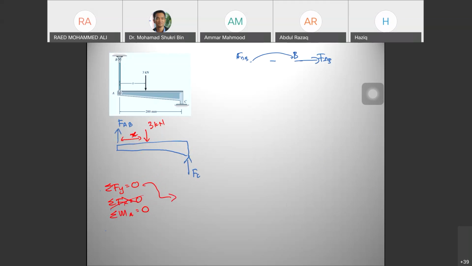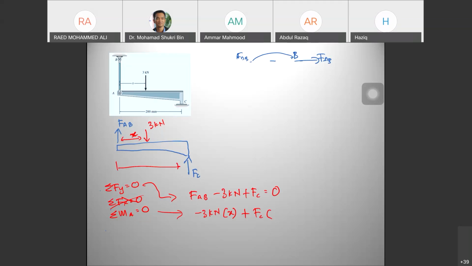So Fy is 0, so you have FAB minus 3 kilonewton, right? Plus Fc is equal to 0, right? And then for moment about A, you have minus 3 kilonewton times x, and this is clockwise, negative, and then plus FC times the distance.